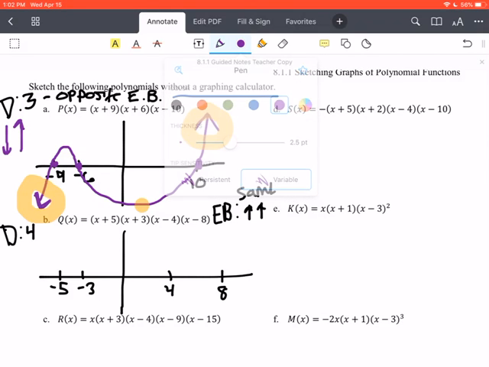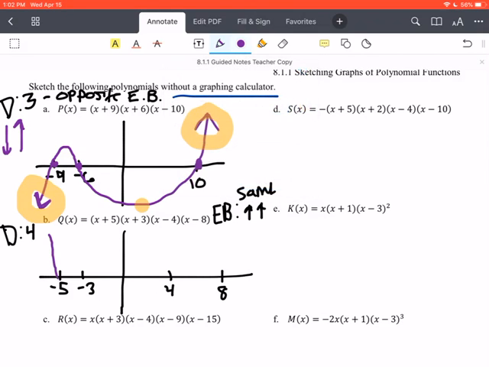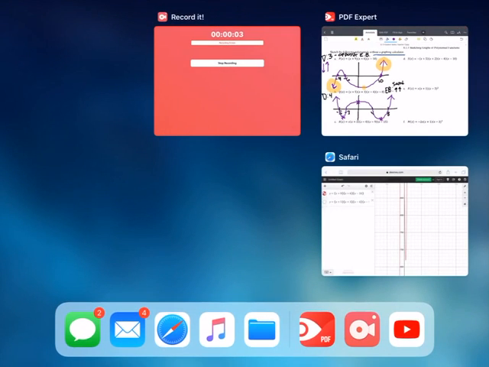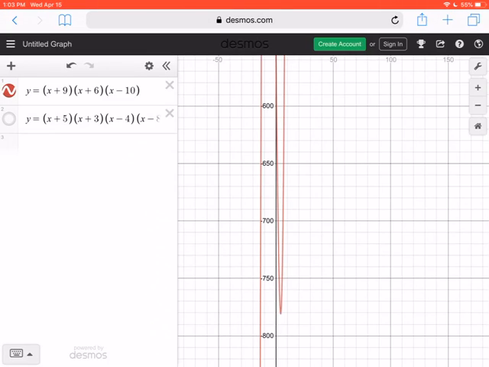So when I draw in the graph, I'm going to have a valley and then a peak and then a valley and up. Now again, we don't know how high up the peaks and the valleys are. If we look at the graph one more time, this is the only other one that I graphed.